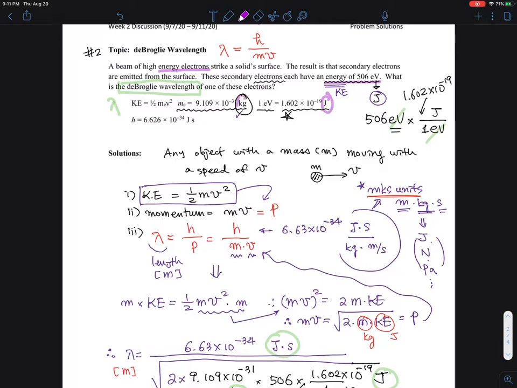Then using the mass in kilograms, we can use the de Broglie wavelength, also called a matter wave. Anything that moves with a speed can be described as a wave. This is the particle-wave duality issue that was quite debated earlier in the century.